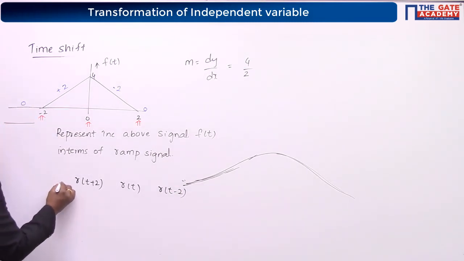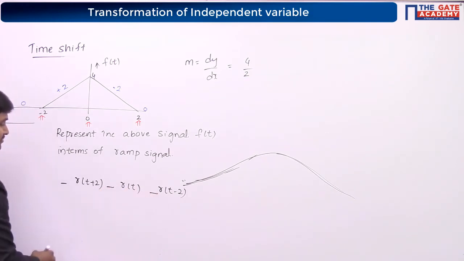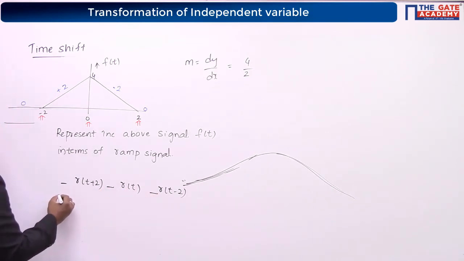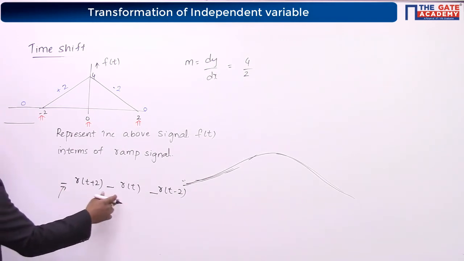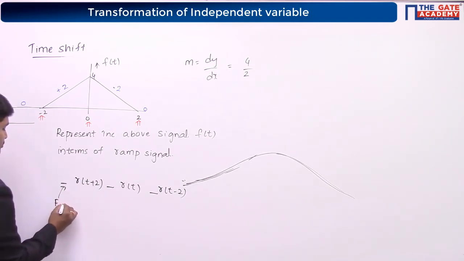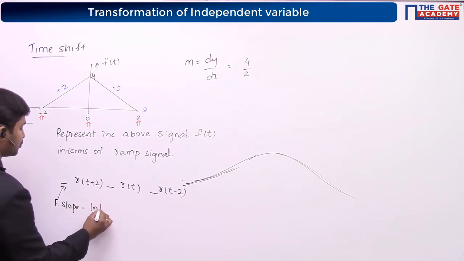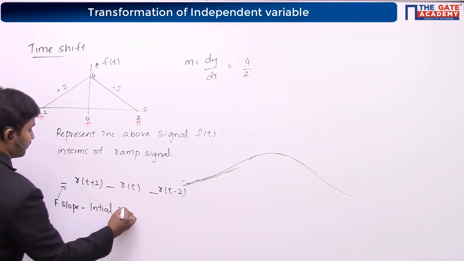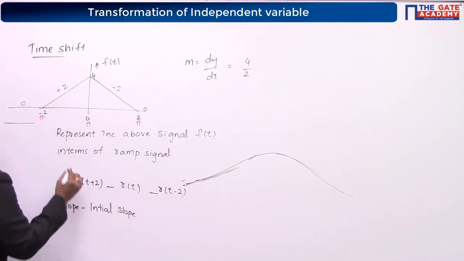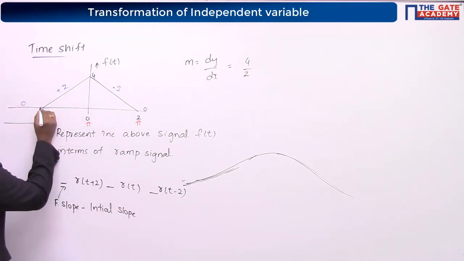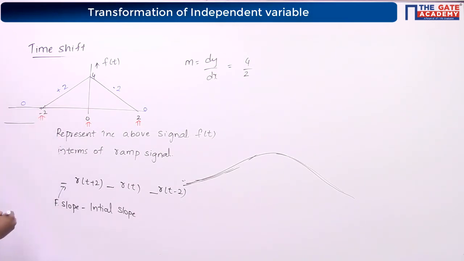Now what is the coefficient? Just like the way we have discussed, it is final amplitude minus initial amplitude; here it is final slope minus initial slope. Before crossing this point is the initial slope, after crossing this point is the final slope.